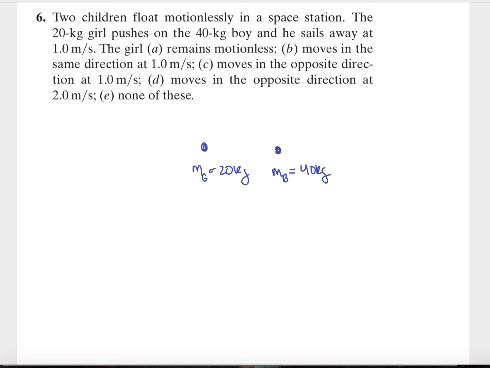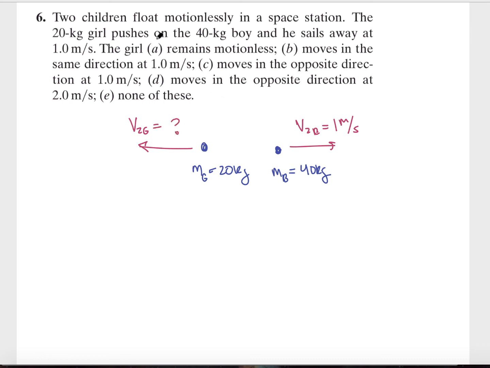If the boy moves away at a speed of 1 meter per second, by conservation of momentum, the girl must somehow move in the opposite direction. The question is, how fast is she moving?